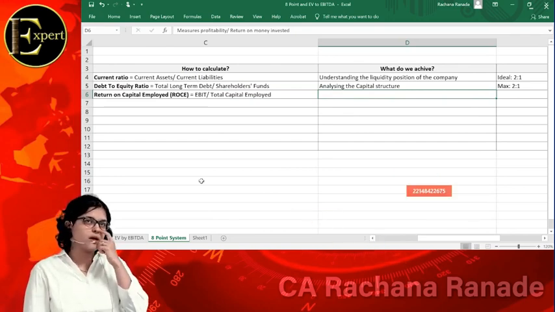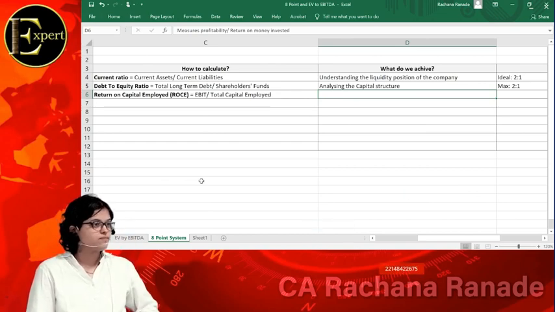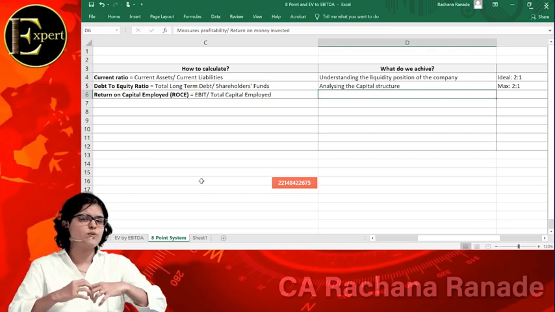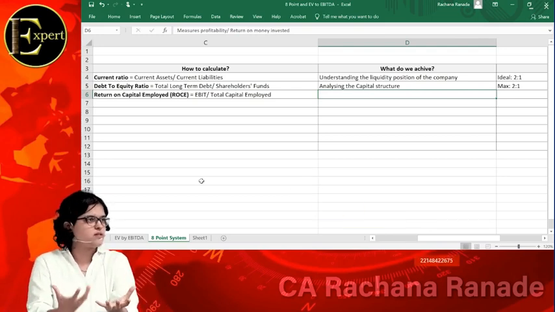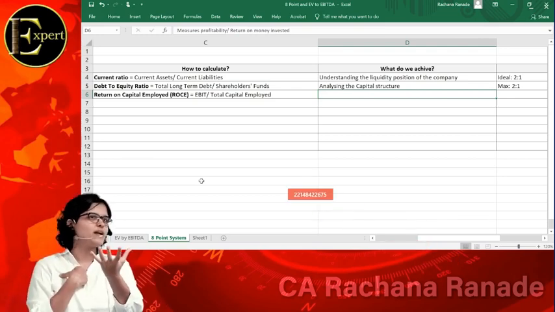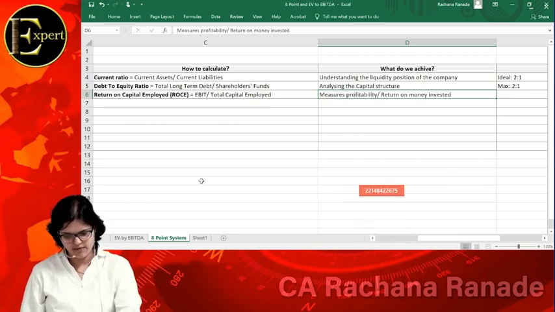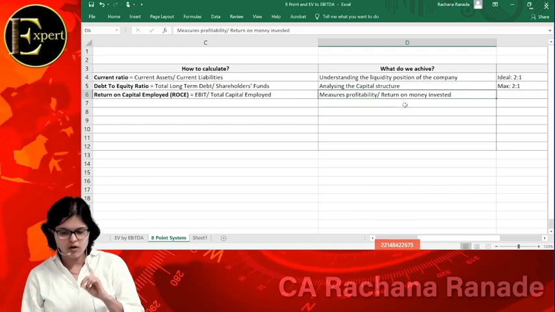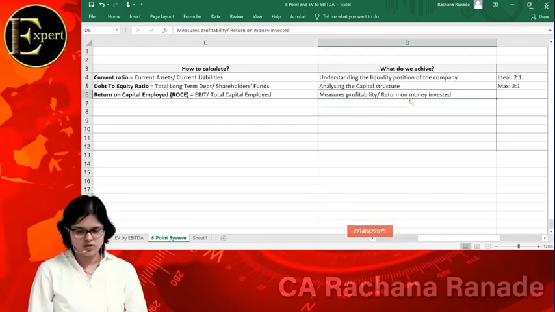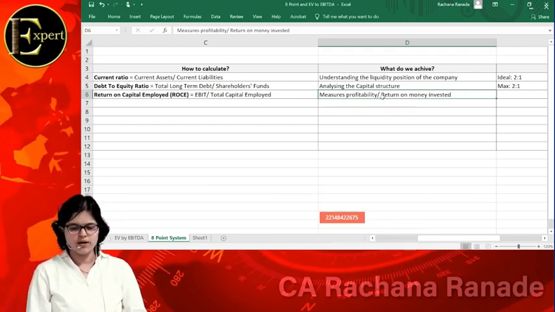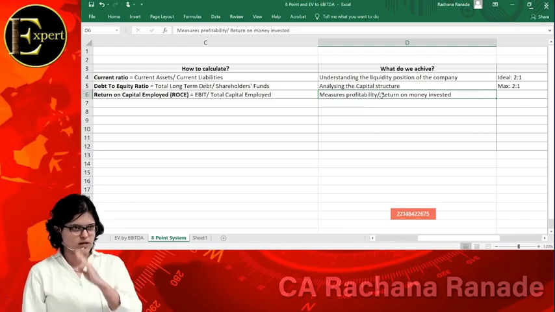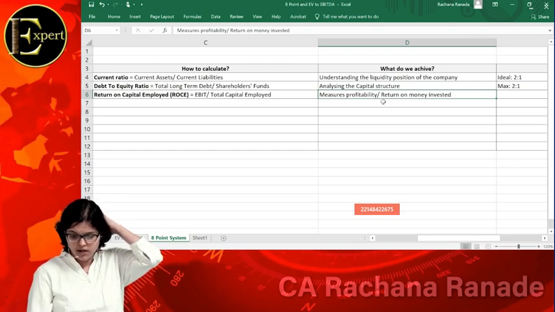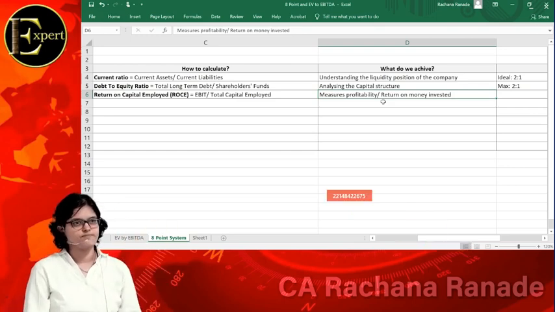If I say return on capital employed is 12%, how much money is invested, how much money is put in the business to run the business, versus how much we have obtained as a return, how much money we have generated. It measures profitability or return on money invested. So you write down: measures profitability or return on money invested.